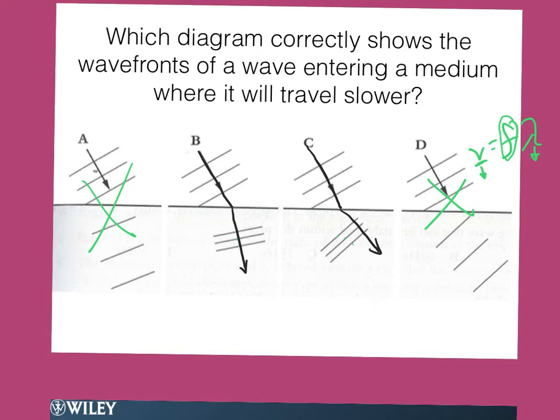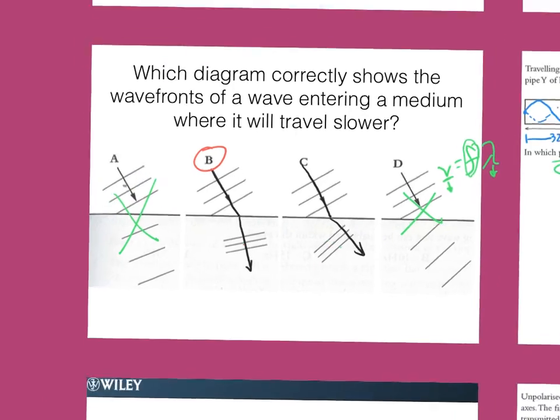Should it be bending towards the normal or should it be bending away from the normal? All right, so hopefully you got the idea that it needs to bend towards the normal. Towards the normal is slower. Away from the normal is faster. All right, so the answer here should be B. All right, let's do another one.